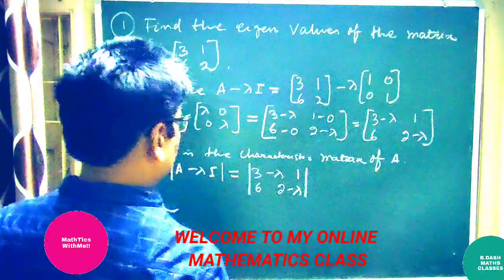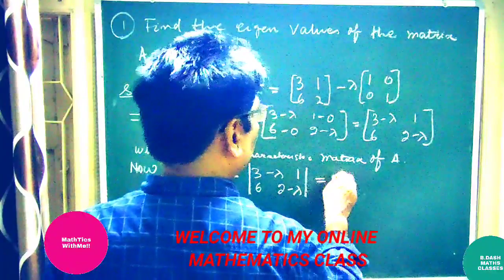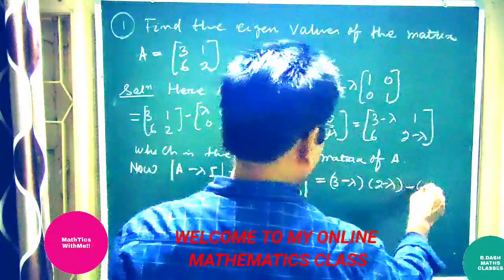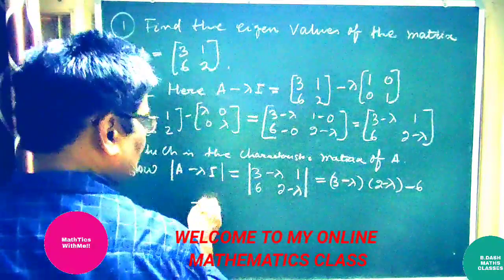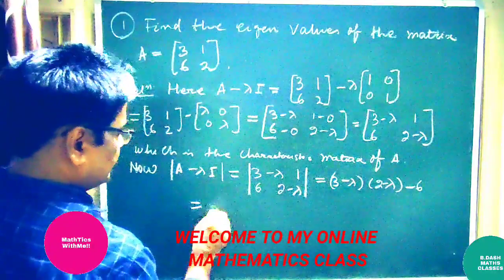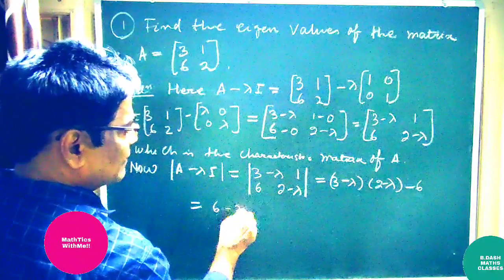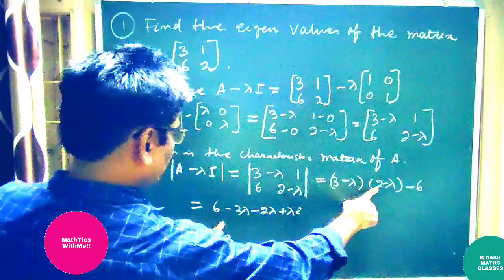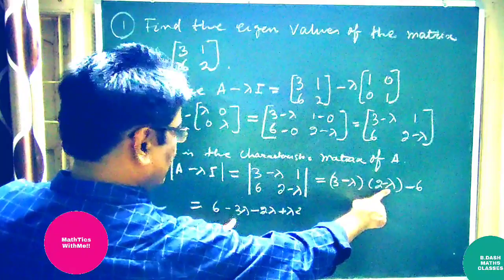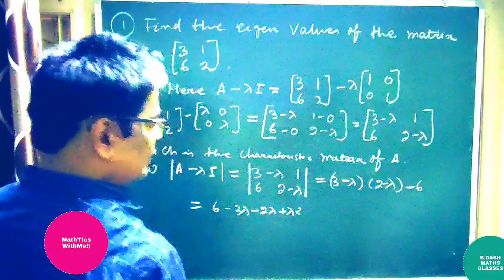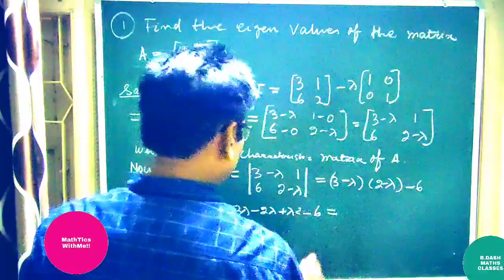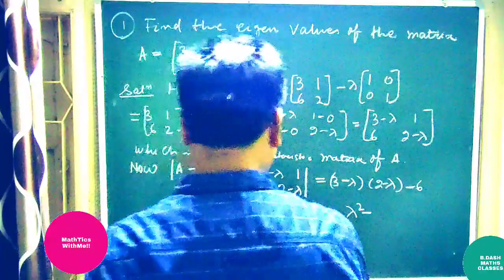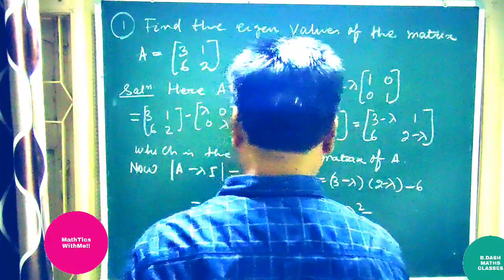So this is equal to (3 minus lambda)(2 minus lambda) minus 6, which equals 6 minus 3 lambda minus 2 lambda plus lambda square minus 6. So this is equal to lambda square minus 5 lambda.